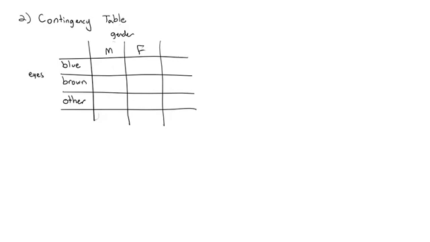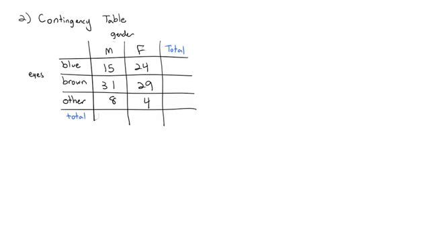And I did my survey, and we found out there were 15 blue-eyed male, 24 females. With brown eyes, 31 male, 29 female. Other colored eyes, 8 male, and 4 female. And quite often with contingency tables, it's nice to calculate a total row and a total column. It'll help us with the probabilities here in a minute.